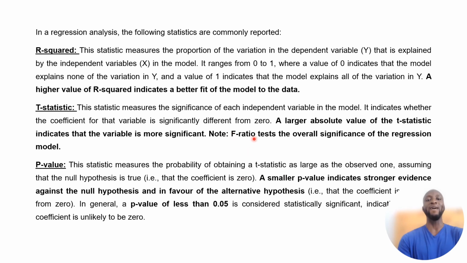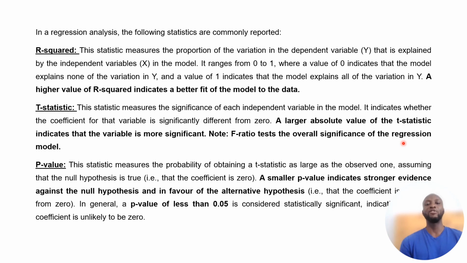But when it comes to the F ratio, the F ratio gives the overall significance of the regression model. The F ratio, or the F statistic, captures all the data of all the independent variables. It summarizes how important they are, or how they fit with the model, the dependent variable, which is the quantity demanded in our situation.